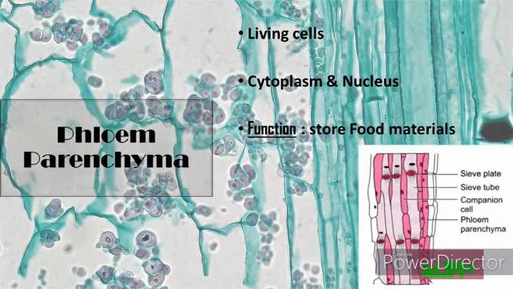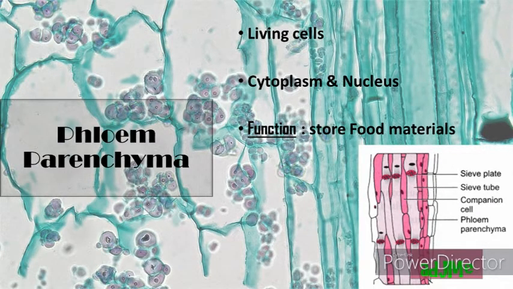Then the third type is phloem parenchyma. Phloem parenchyma are living cells which comprise cytoplasm and nucleus. Their main function is to store food materials. In the background you have a photo, and apart from that you also have another photo, so that you will get a clear idea about phloem parenchyma. In this photo you come across the sieve plate and the presence of sieve tube.